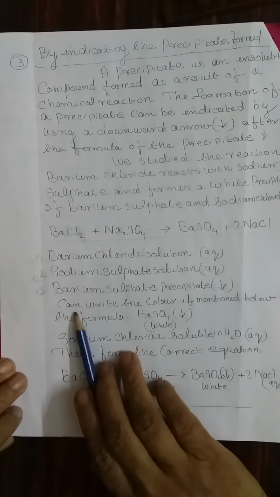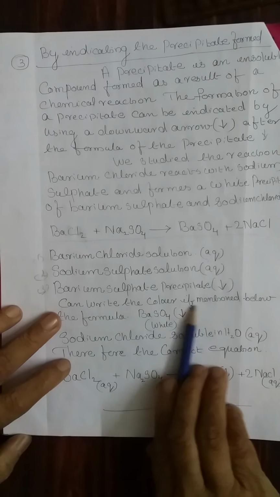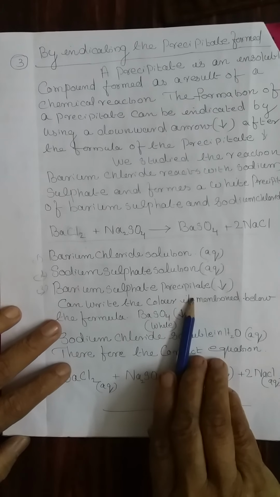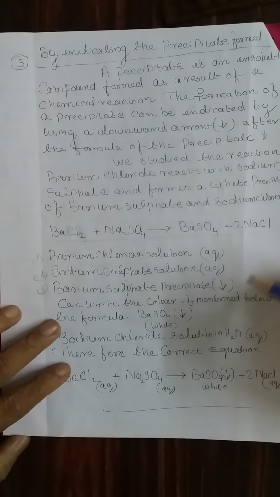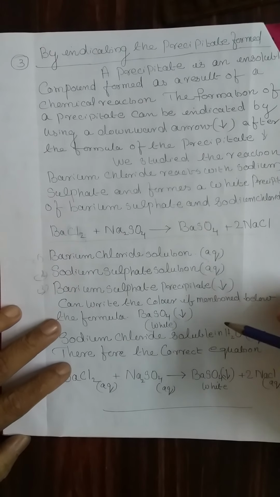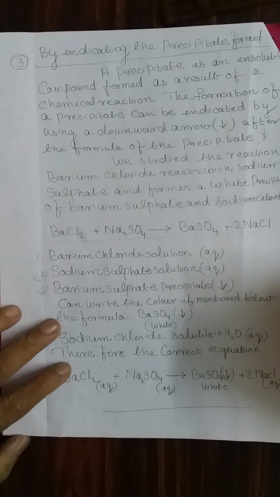And write the color if it is mentioned for the precipitate. For example, now 2-3 equations in your textbook. For example, a black precipitate of lead sulfide is formed. Like that, if it is mentioned, for example, silver iodide, a yellow precipitate is formed.